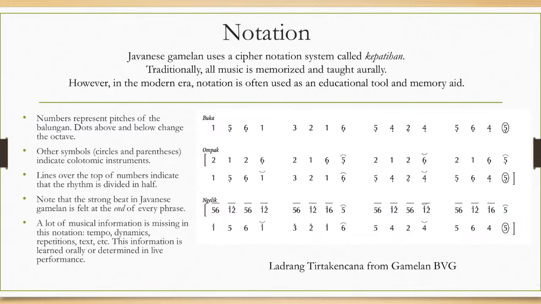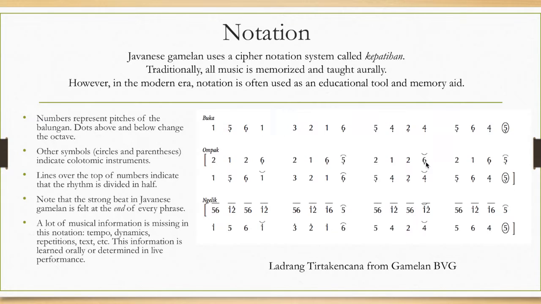Essentially, the strong beat in Javanese Gamelan is on 4, at the end of each of these 4-note groupings. So instead of 1, 2, 3, 4, 1, 2, 3, 4, what we have is 1, 2, 3, 4, 1, 2, 3, 4, and so on.